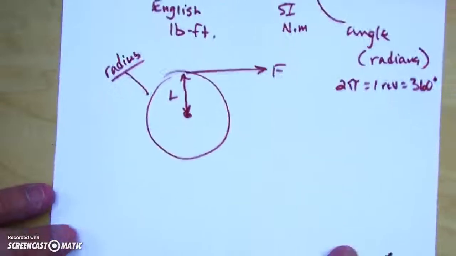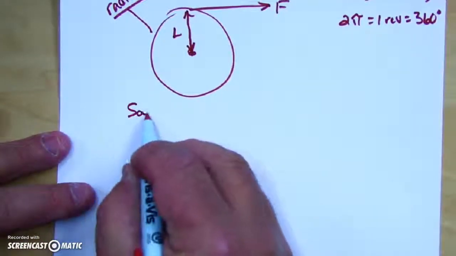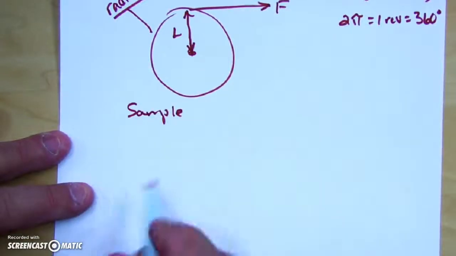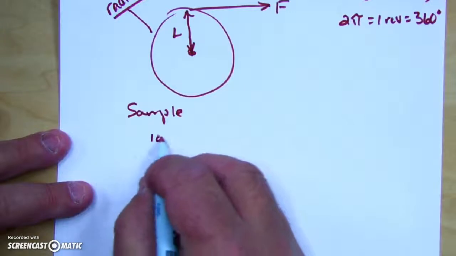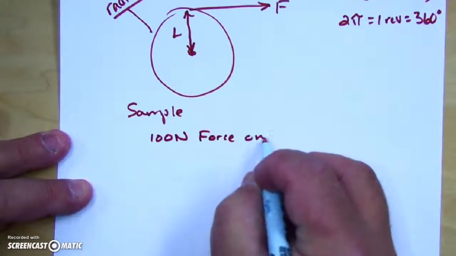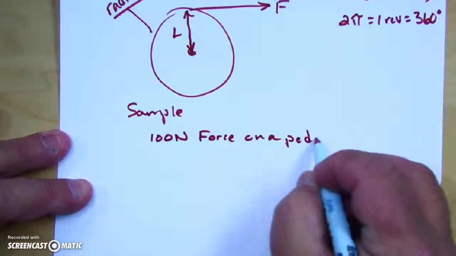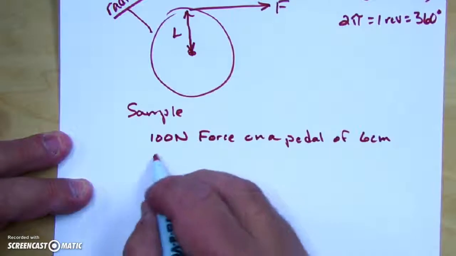So let's do a sample and make sure we can apply this. Let's go with a bicycle. 100 newton force on a pedal of 6 centimeter radius.